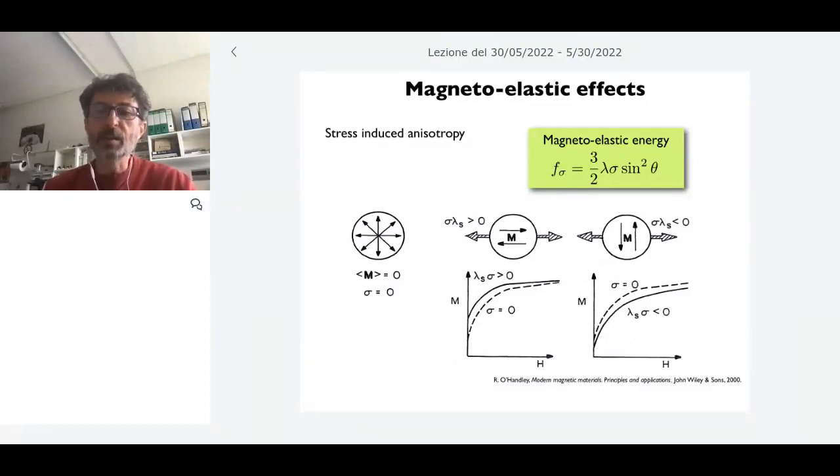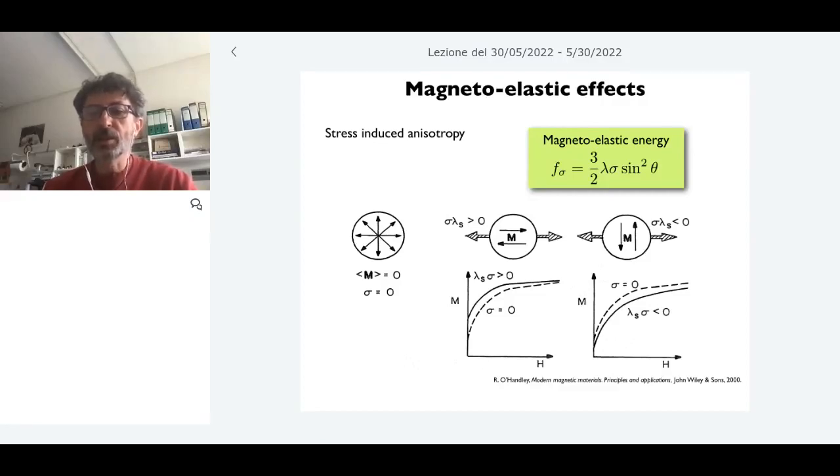We have said that all these effects related to thermodynamics always have a reciprocal effect. So the reciprocal of magnetostriction is sometimes called stress-induced anisotropy. Every time you apply a stress on a material, you generate an additional magnetic easy axis that is associated with the magnetostriction.